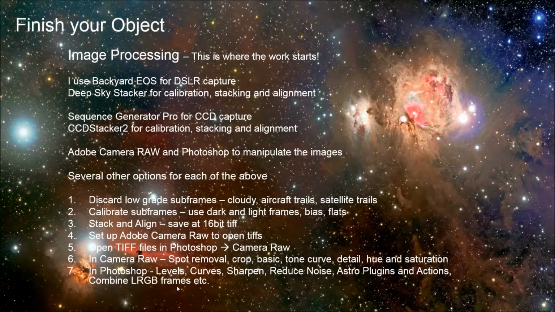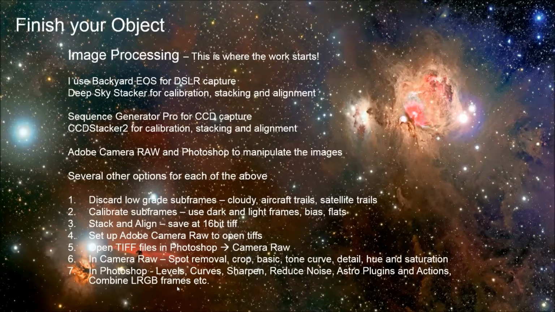You're going to be looking at your subframes that you took and getting rid of the lesser quality ones because they're cloudy, or they have aircraft trails or satellite trails, although to a certain extent, if you had a lot of subframes, you can eliminate those and still use the rest of the data, or there's tools that help reject that data, but in general, reject the lesser quality subframes.